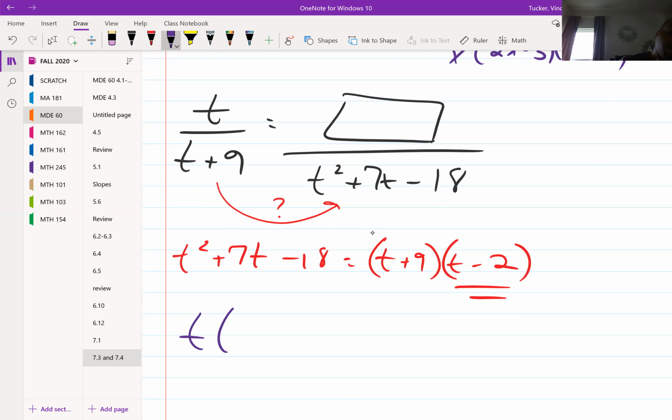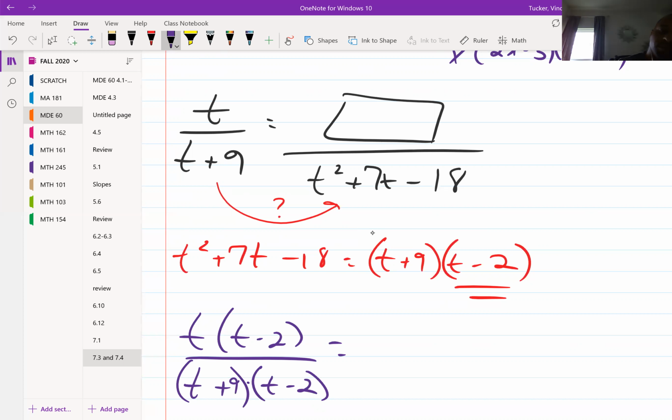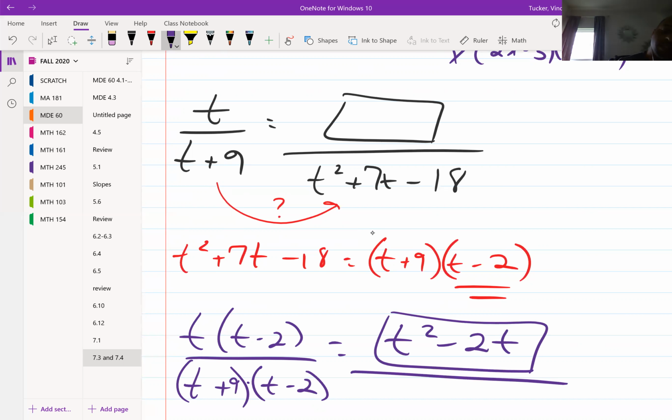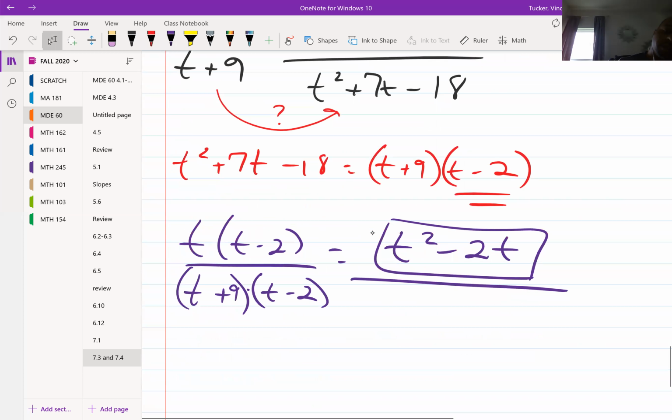So it means I'm multiplying both top and bottom, numerator and denominator, by that t minus 2. So that'd be t squared minus 2t. That's in the box.